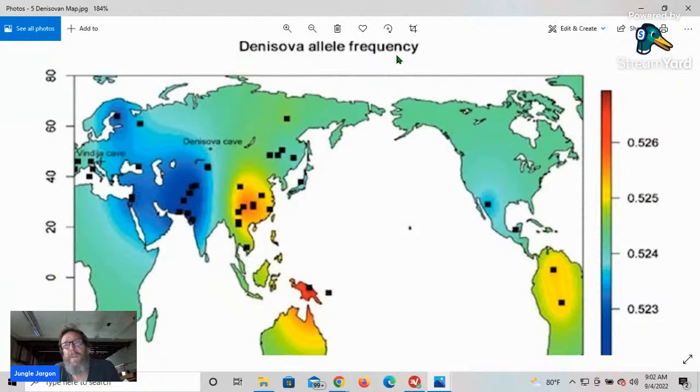But the interesting thing here that I wanted to note is that the Denisova allele frequency by itself is hot in red, as you see here.